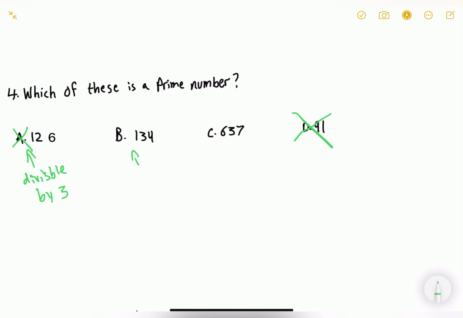So we know that 134 is divisible by 2. Why is it divisible by 2? Because the last digit is even, meaning it's not a prime number, because we said a prime number is a number that's only multiplied by 1 and itself. And we are left with 637, which is going to be our answer, and it is the prime number.